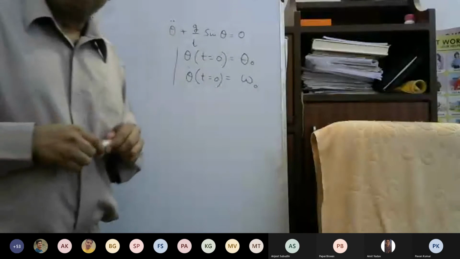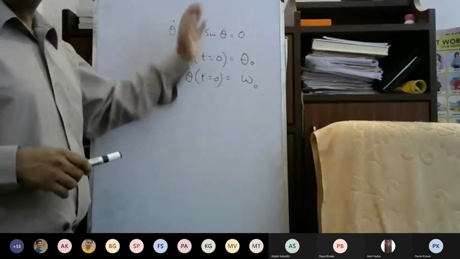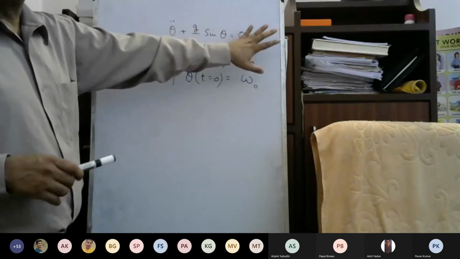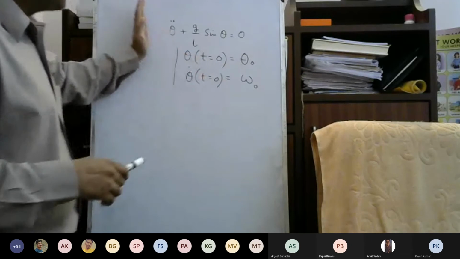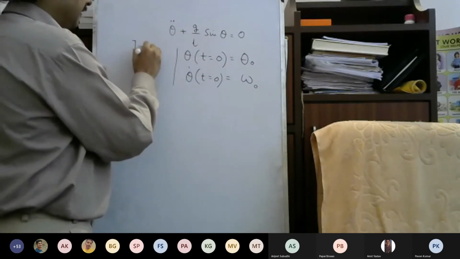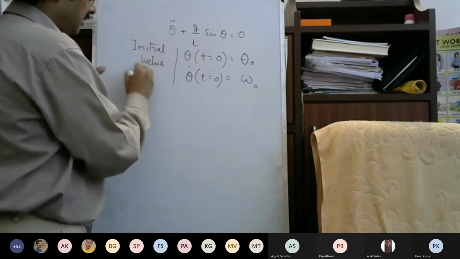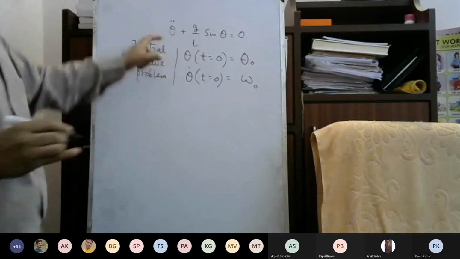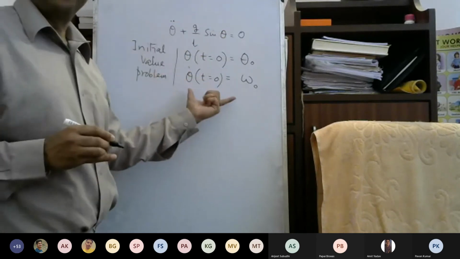So what we'll solve in these vibration classes are this kind of initial value problems. Of course, the right hand side will not always be 0, there will be other terms, but we will always have certain initial conditions. Mathematically, we call this an initial value problem.